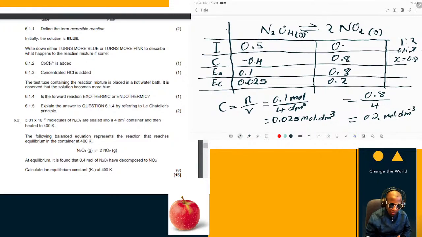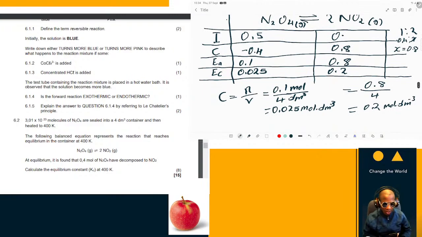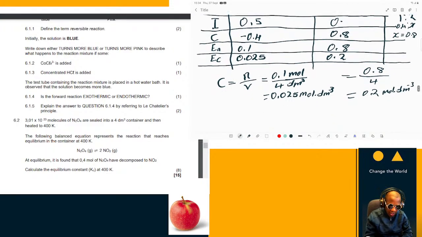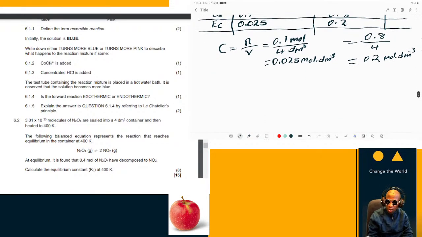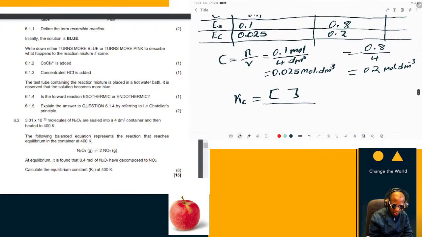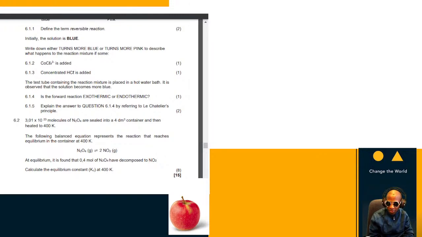Here we go, guys. Now we have the concentration at equilibrium. So now we can use the Kc equation. Kc is equal to the concentration of products divided by the concentration of reactants. The concentration of product is 0.2, and you raise it to the coefficient.